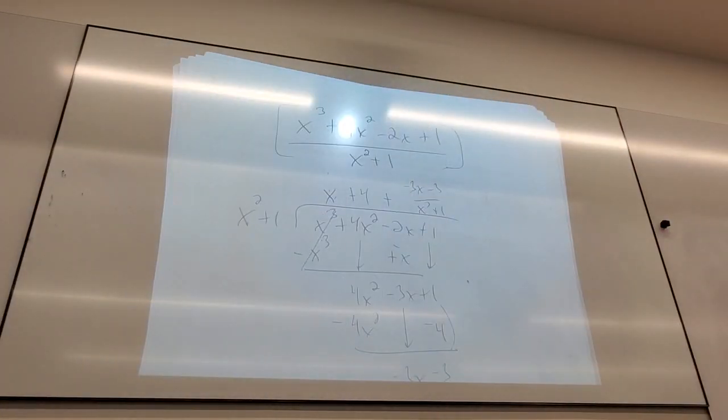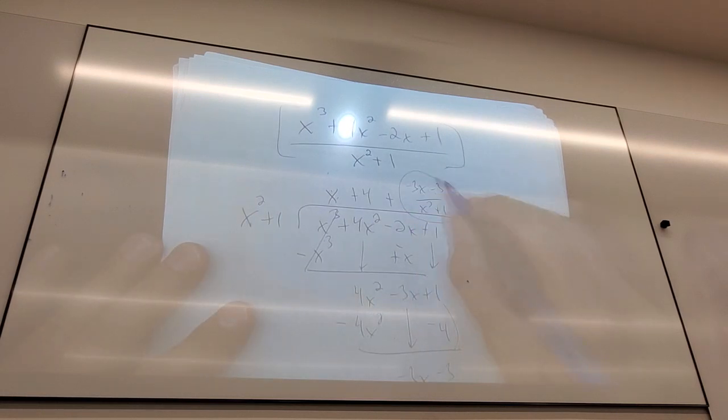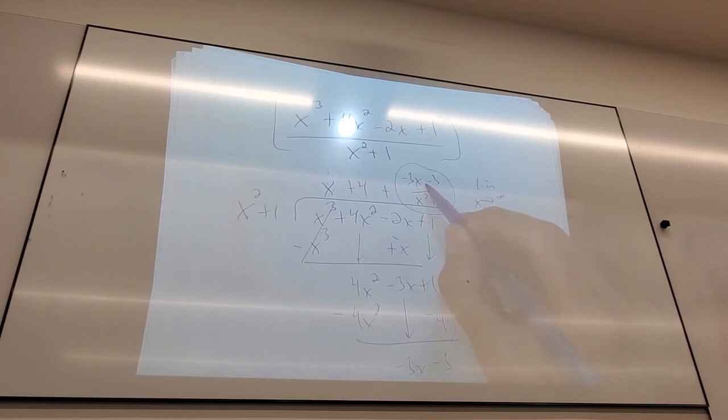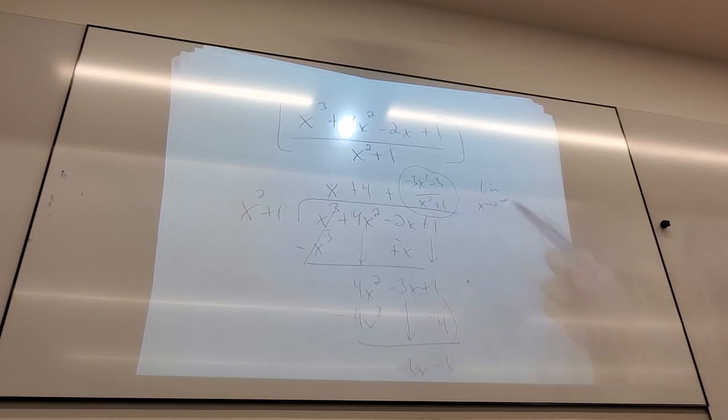Can anyone tell me what happens to this piece if I let x get big? This piece by itself, the remainder is always going to have this happen. What's the degree on the top? Degree on the bottom? 2. So the degree on the bottom is bigger.